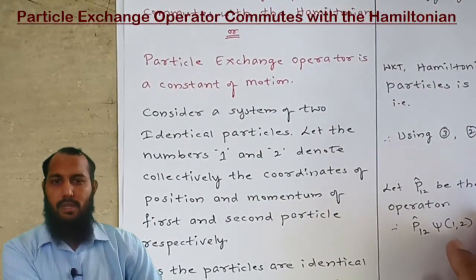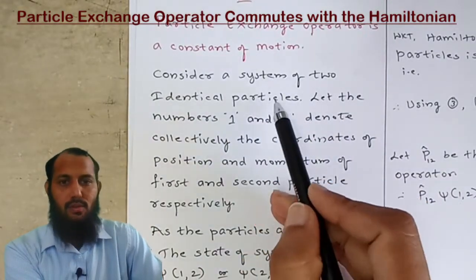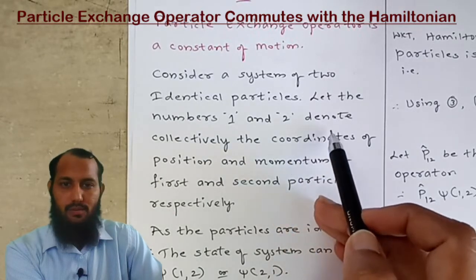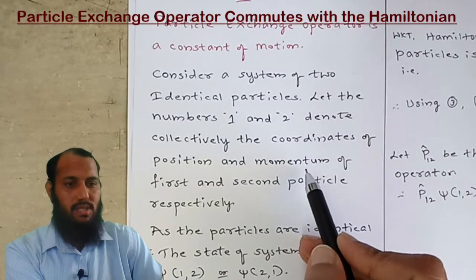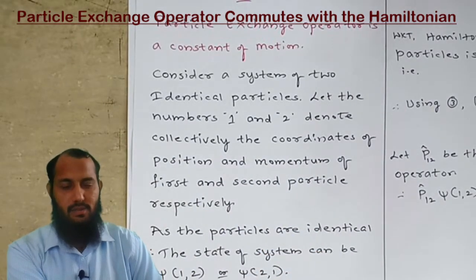To prove this property, again, consider a system of two identical particles. Let the numbers 1 and 2 denote collectively the coordinates of position and momentum of the first and second particle respectively.